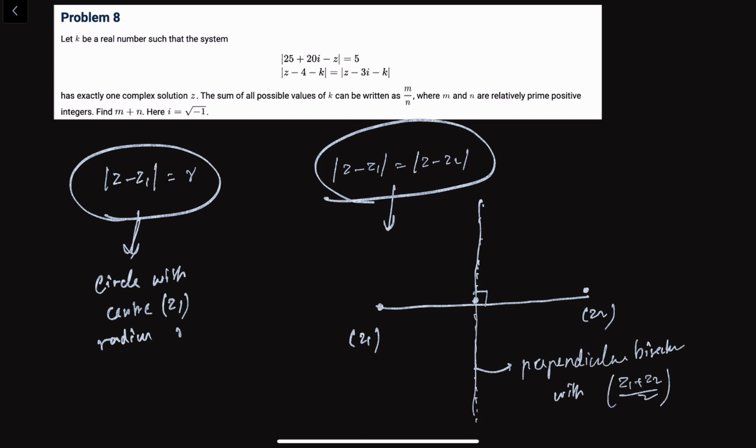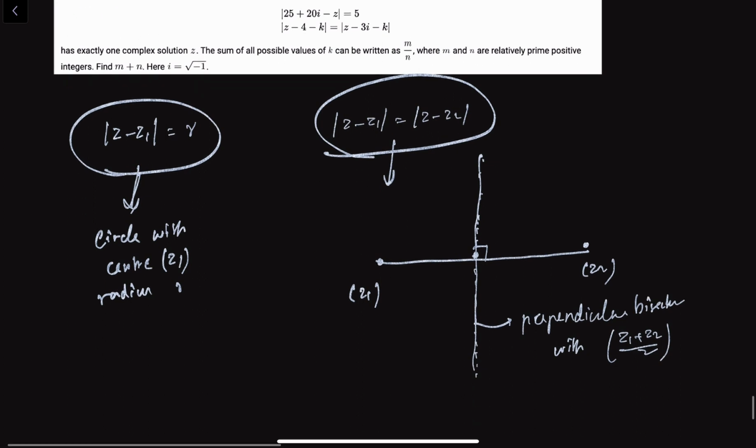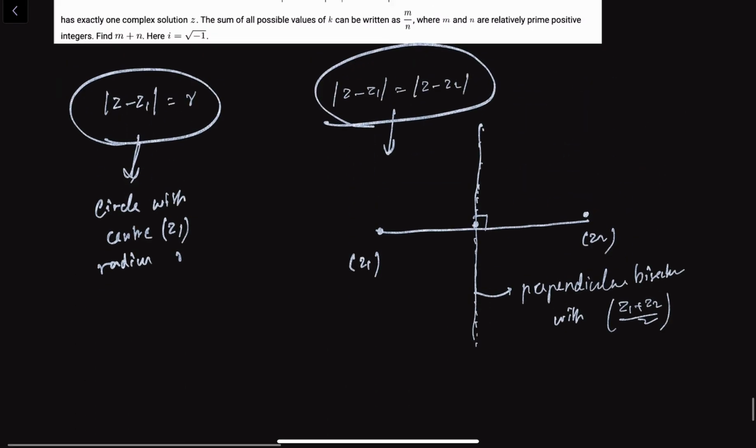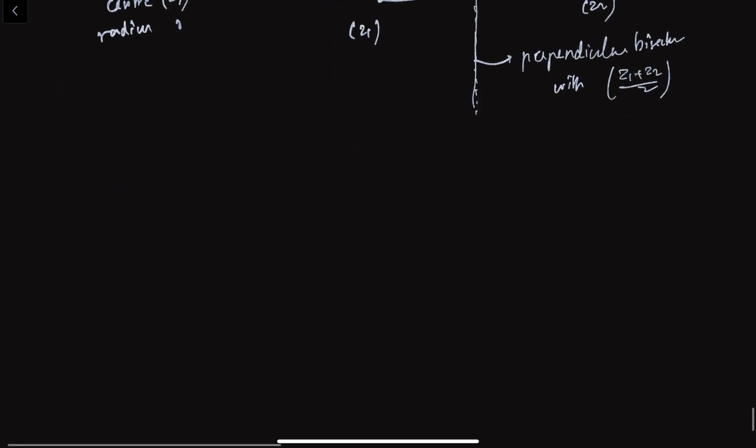If we convert all this information to standard coordinate geometry, we'd be able to solve this question quickly. In the first equation, we were given |z - 25 - 20i| = 5, and in the second equation |z - 4 - k| = |z - 3i - k|.